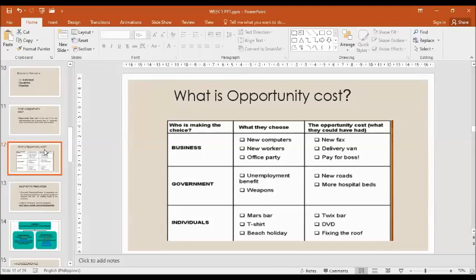And then another choice is for individuals. For example, as an individual, they choose a Mars bar, a T-shirt, and a beach holiday. So they give up the Twix bar, the DVDs or CDs, or fixing the roof. So that's the opportunity cost.